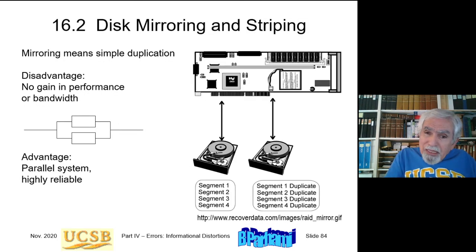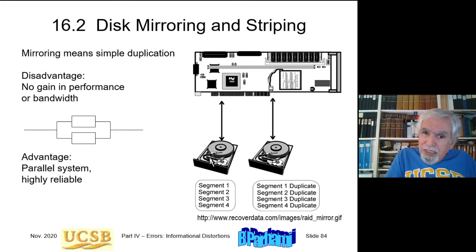Remember that disk memories have very strong error correcting codes for storing data on the disk surface. Therefore, it's very unlikely for the data to become corrupted and for you not to detect that corruption, because those codes are very strong. They either correct the corrupted data or at least signal that something is wrong.